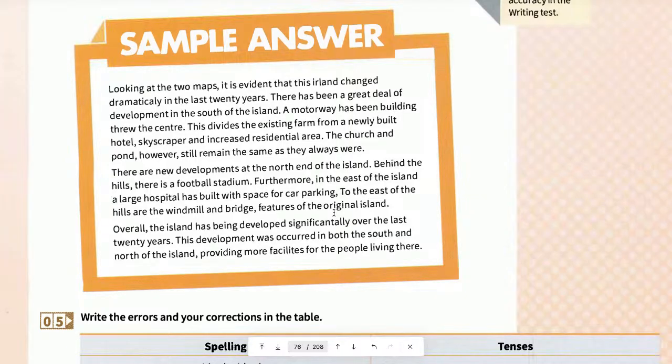So they make the comparisons between those two maps. You see? Otherwise, you have to say, oh, to the east of the hills, on the now map, we can see a windmill and a bridge, and I also can see those things on the other map. Oh my God, you know? So this is a very good one.